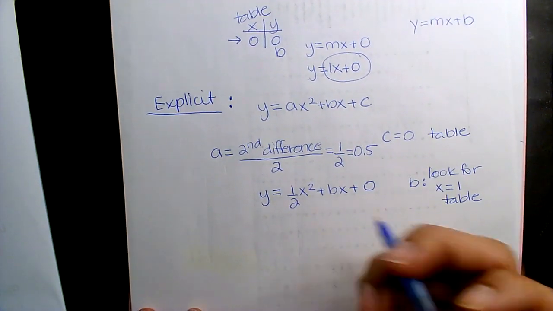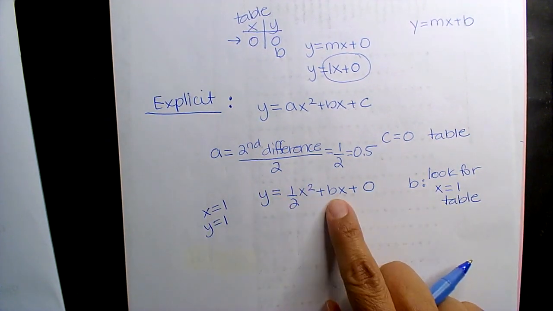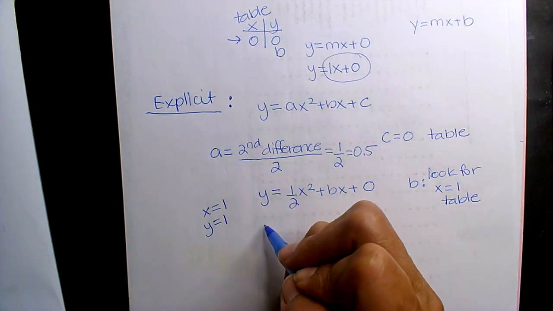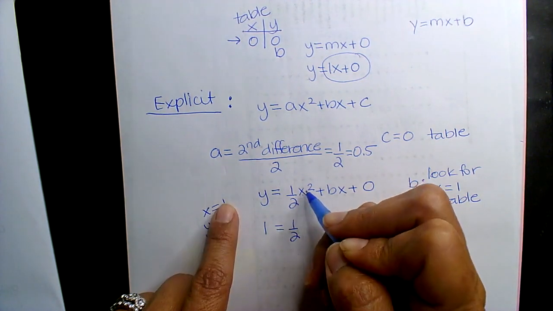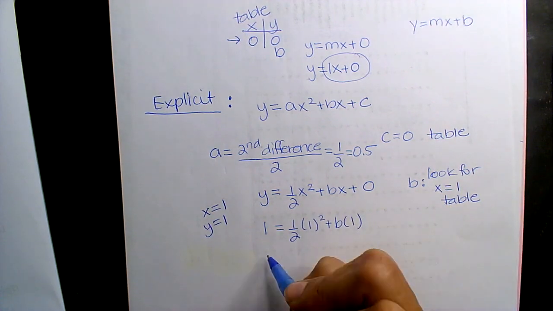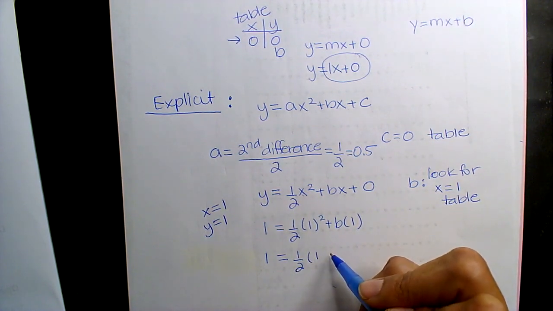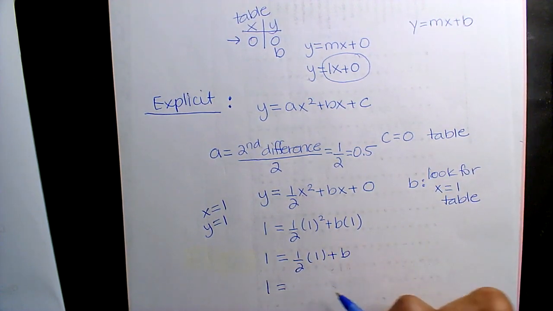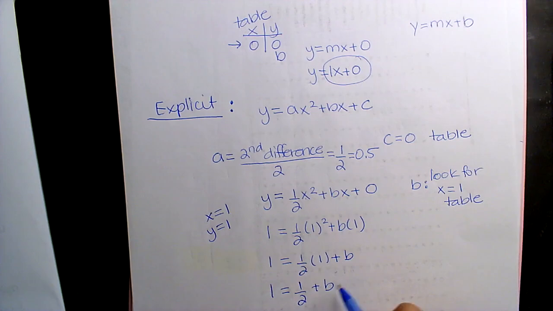Substitute it. If you have a point where x is 1 and y is 1, substitute it and you'll find b. So I get 1 is equal to 1/2 times 1 squared, plus b times 1. When you clean it up, that's just 1, that's just b, and that is just 1/2.